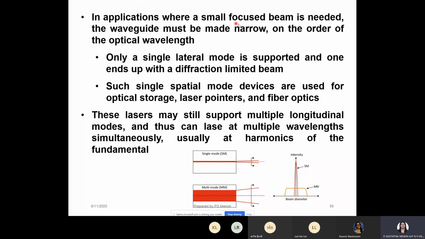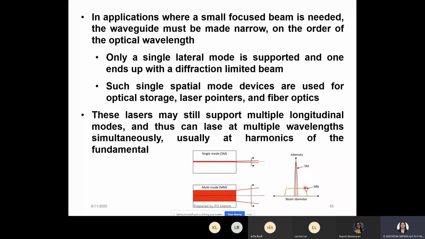In an application where a small focused beam is needed, the waveguide must be made narrow, on the order of the optical wavelength. Only a single lateral mode is supported, and one ends up with a diffraction limited beam. Doctor, what about a projector? Yes, it also uses multimode because it's not sharp. If you look at a projector, the spectrum is very wide.